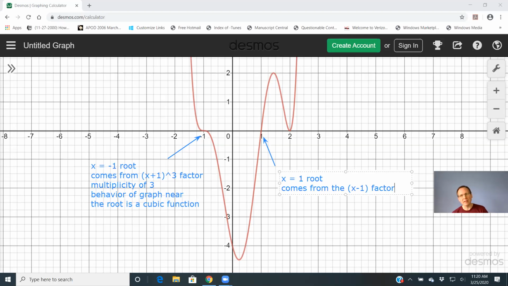Because if I set x minus 1 equal to 0 and solve it, I'm going to get x equals 1. And since the exponent of the x minus 1 is a positive 1, this is just a single root.